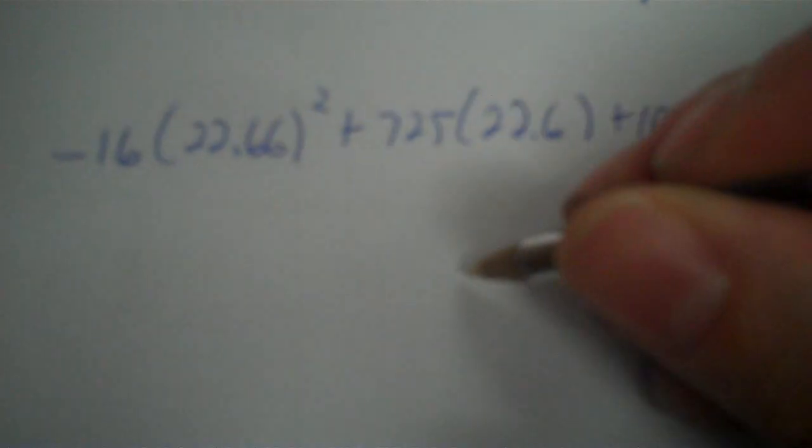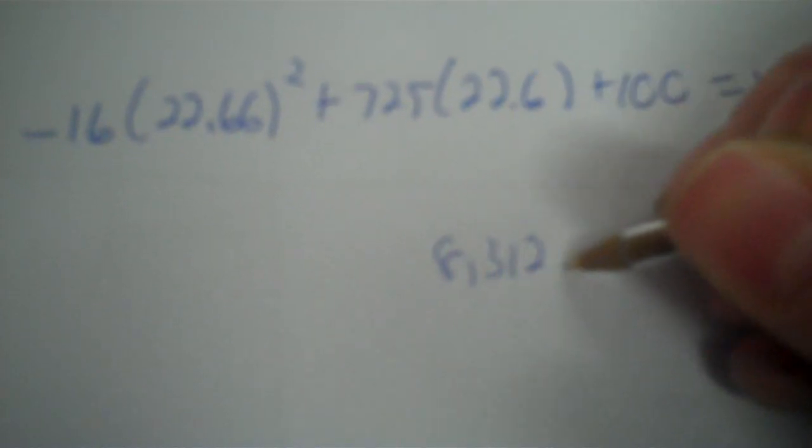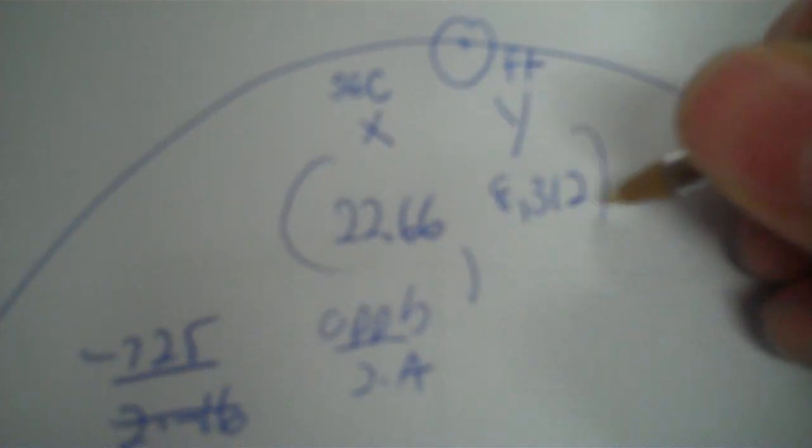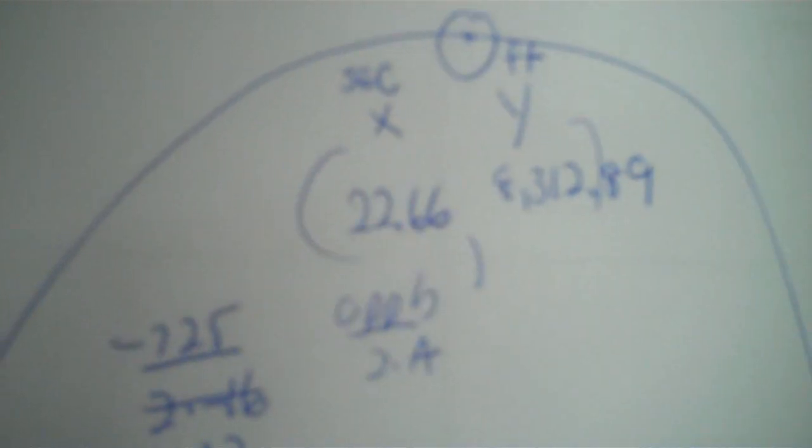So -16, 22.66 to the second, plus 725, 22.66, plus 100. 8,312.89. Okay, that's your answer. Label would be feet.